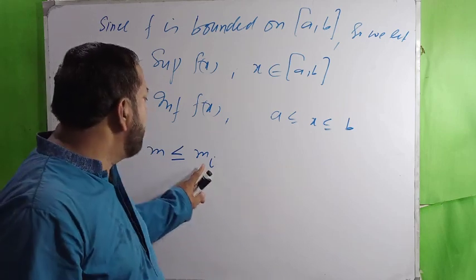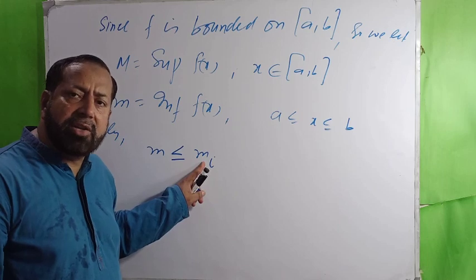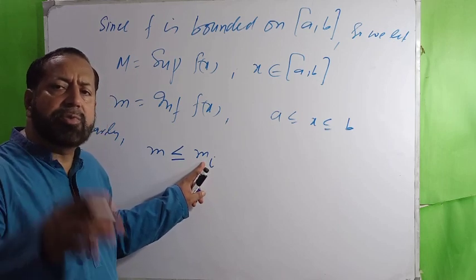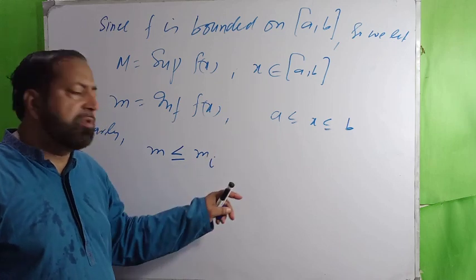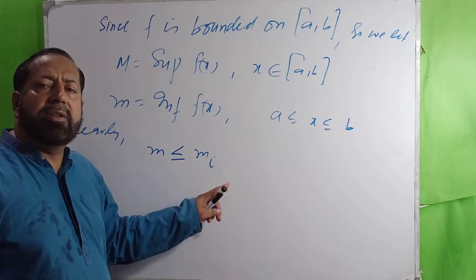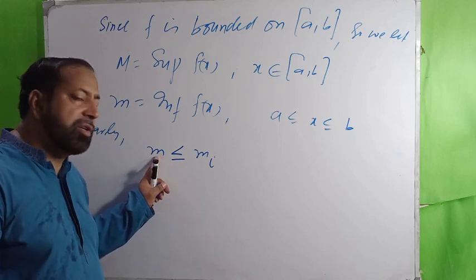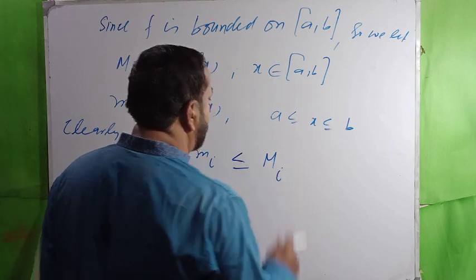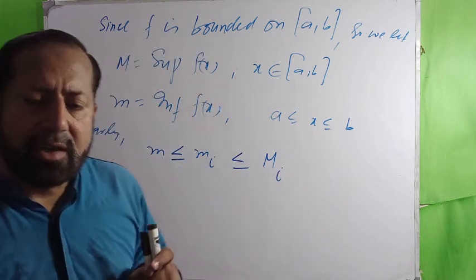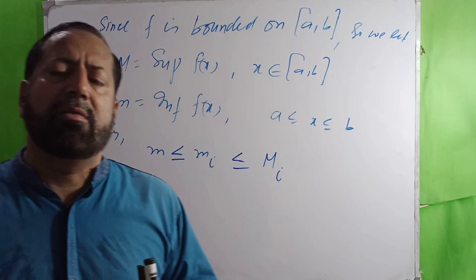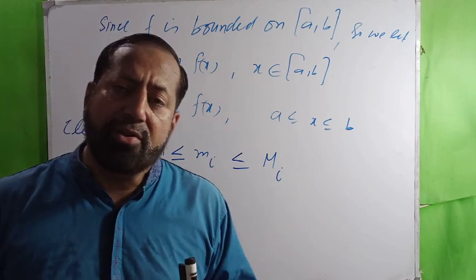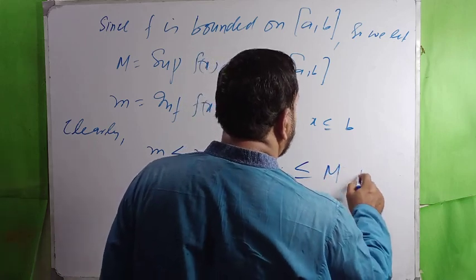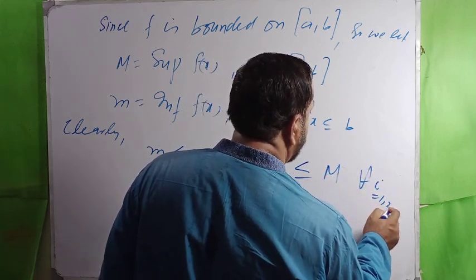That's why either one of m1, m2, m3, up to mn, corresponding to all intervals, is equal to m or they are greater than it. So in general m is less than or equal to mi, which is less than or equal to capital Mi, where capital Mi is the supremum of your ith interval, and this must be less than or equal to capital M for all i equal to 1, 2, 3 up to n.